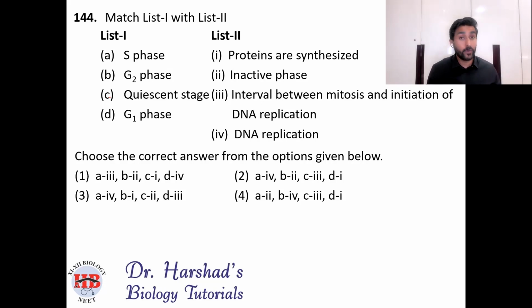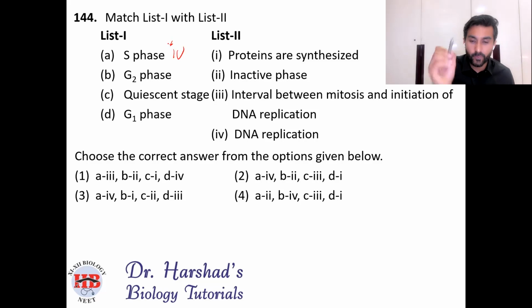The next is about your interphase stages. We have S phase. Now, S phase, if you remember, is the phase of DNA replication. So A would be 4. Then you have G2 phase, which is the phase after DNA replication. So it's the stage in which proteins would be synthesized.